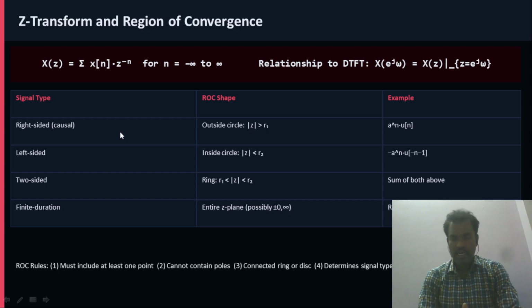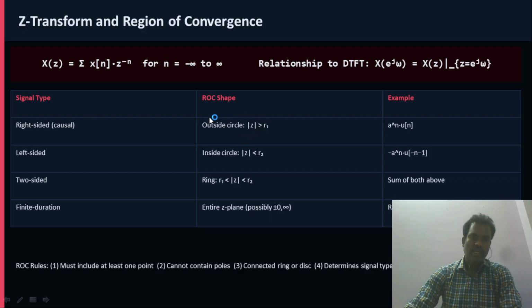That is called a right-sided signal. It is 0 for negative instants of time, so causal sequence. For a causal sequence, X of z exists only for mod z greater than r1. The example is a power n into u of n. So if mod z is greater than a, it is possible to find the z transform.